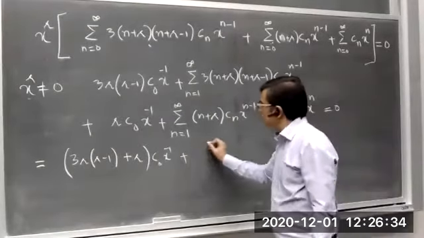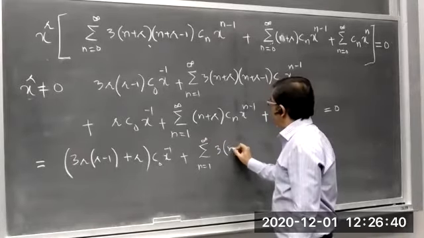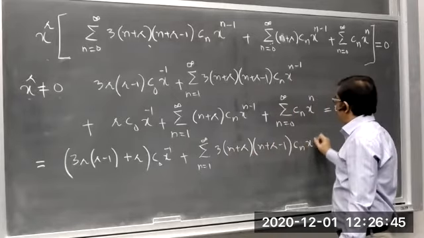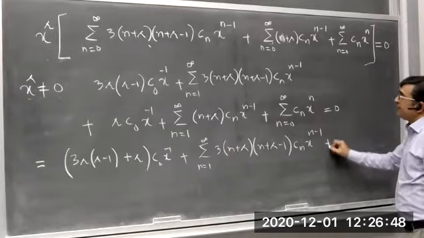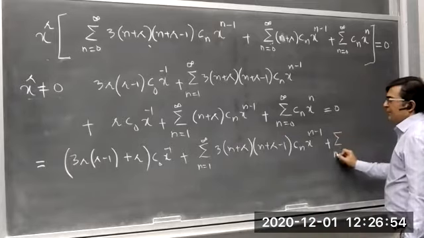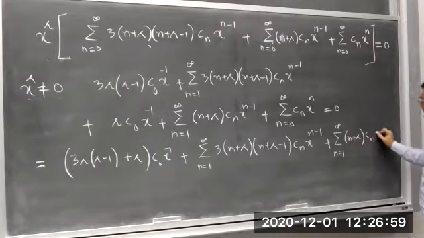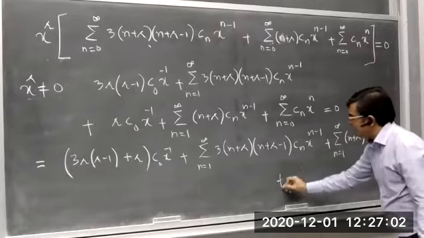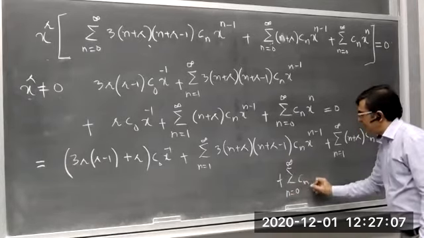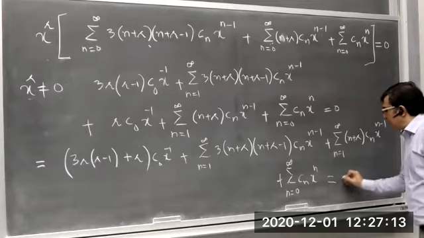Now plus summation n from 1 to infinity 3 n plus r minus 1 cn x power n minus 1 plus the second, this one, summation n from 1 to infinity n plus r cn x power n minus 1 plus the third series n from 0 to infinity cn x power n, okay, this equal to 0.